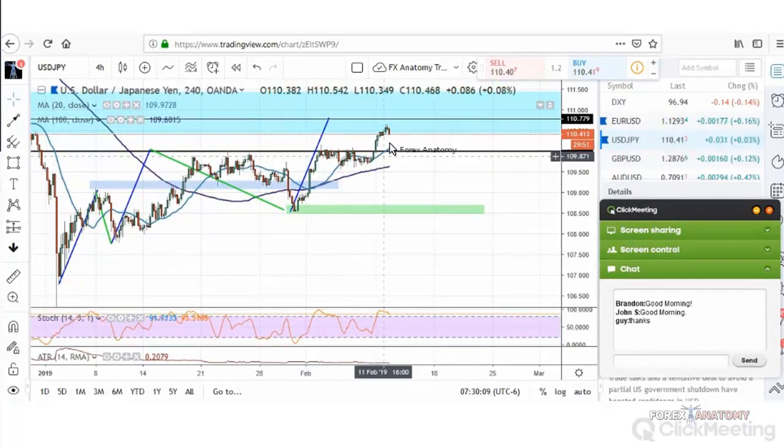Yeah, so then, even with what Melvin was talking about as far as possibly seeing some topping here, we want to wait for the structures to take place. We want to wait for some form of violation of the trend rules in order for us to shift our bias. But there's a plethora of reasons that I have to support why I believe U.S. dollar versus Japanese yen will continue to go higher.